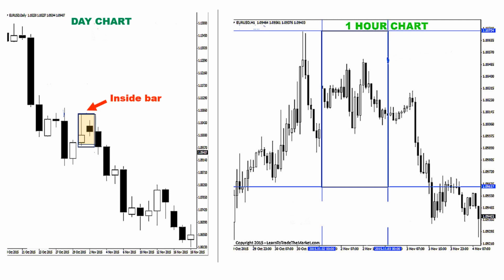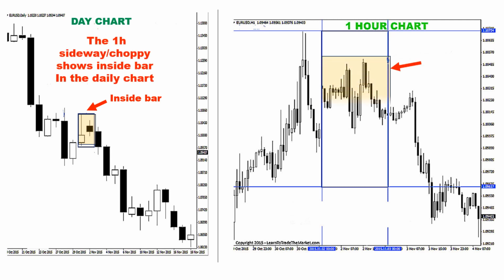By using the daily chart to identify inside bars, traders can eliminate a lot of the confusion and over-analysis that can lead to overtrading on lower time frames. This can be a significant advantage, especially in choppy and sideways markets. If you look at the 2 charts on the screen, the daily chart shows a single inside bar that represents all the sideways movement on the 1-hour chart.